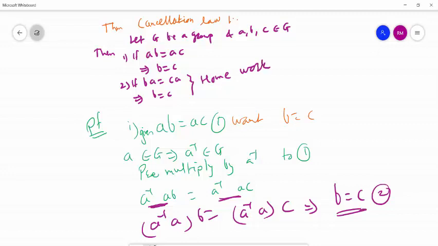Here I give the hint: post multiply. Here we pre-multiply by a inverse, so that a will be removed and b equals c will be obtained.